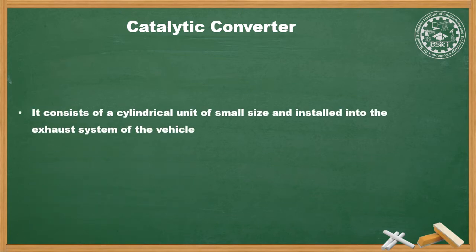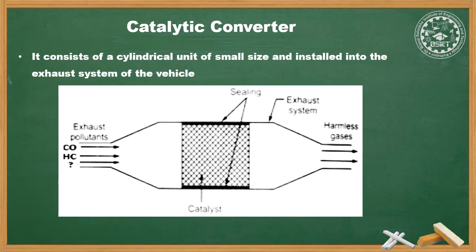The figure below shows the single or two-way converter. A two-way converter consists of a cylindrical unit of small size like a small silencer, and it is installed into the exhaust system of the vehicle. It is placed between the exhaust manifold and the silencer.